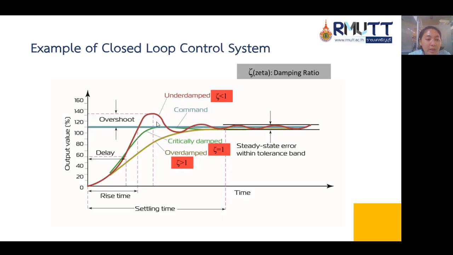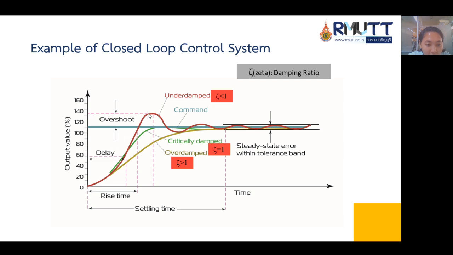This is an example of the step response of a closed loop control system. There are three responses here. The red line is the underdamped response, with zeta, the damping ratio, less than 1.